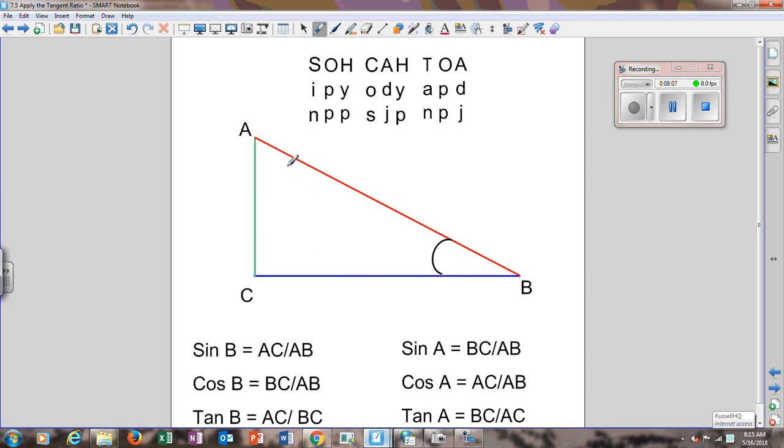For finding the sine of A, that would be BC, because it's opposite over the hypotenuse AB. Cosine of A would be adjacent, AC over the hypotenuse AB, and tangent would be opposite over adjacent, so it would be BC over AC.